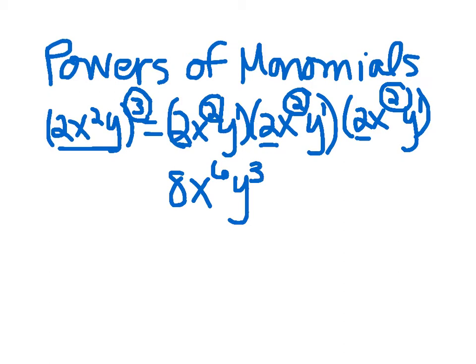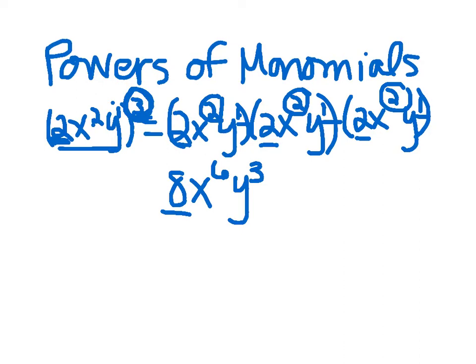Well, if I look back at these numbers, I can see that really the way I got 8 is to multiply 2 by itself, or raise 2 to the third power, giving me 8, and then I multiply the exponents, because if I have 3 groups of 2, that's like saying 2 plus 2 plus 2 is the same as 2 times 3. 1 plus 1 plus 1 is the same as saying 1 times 3.